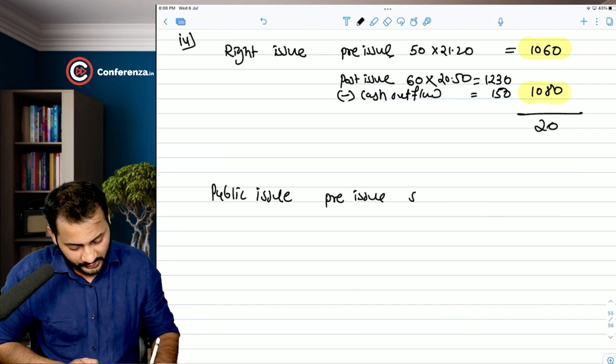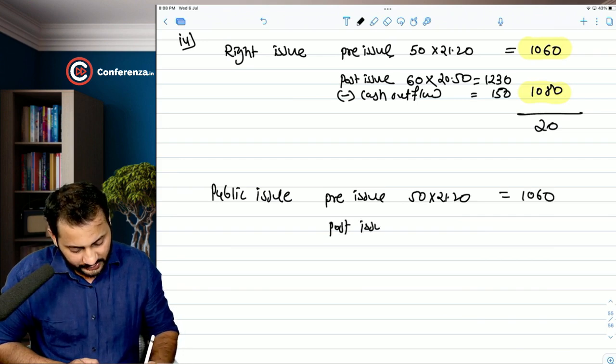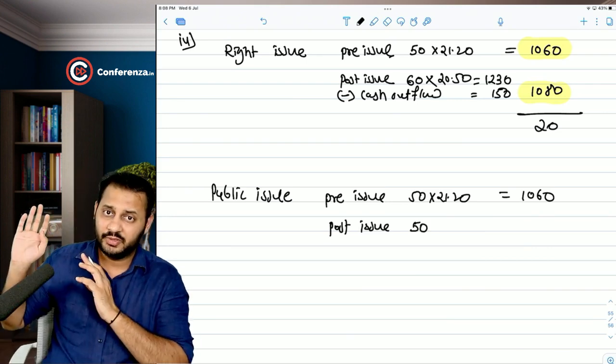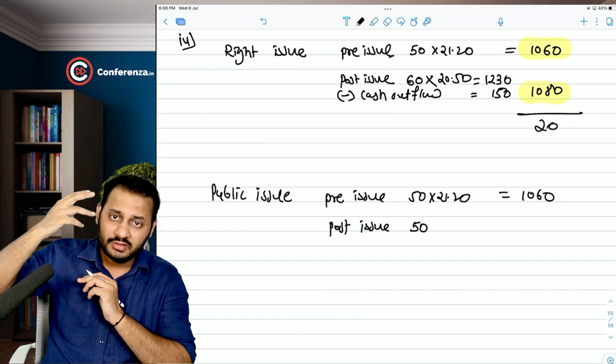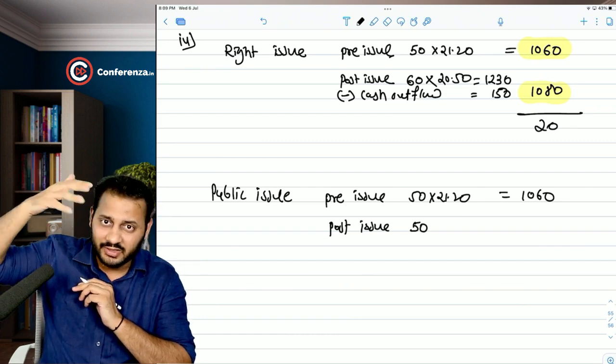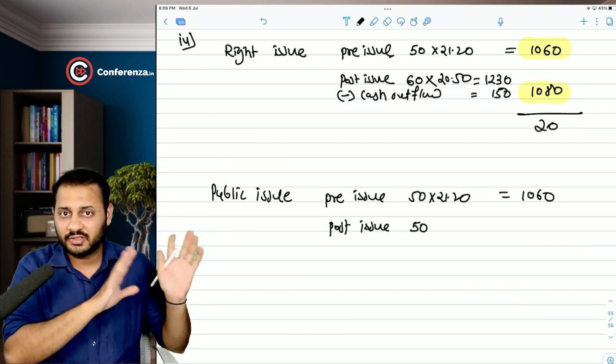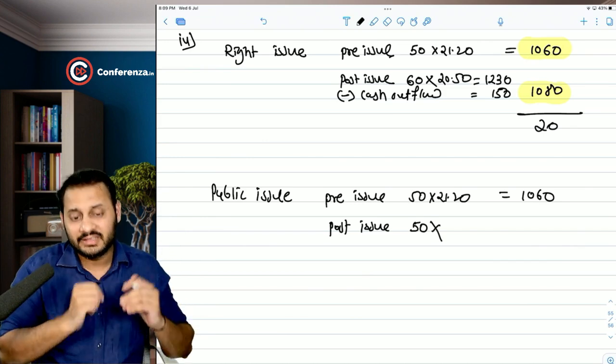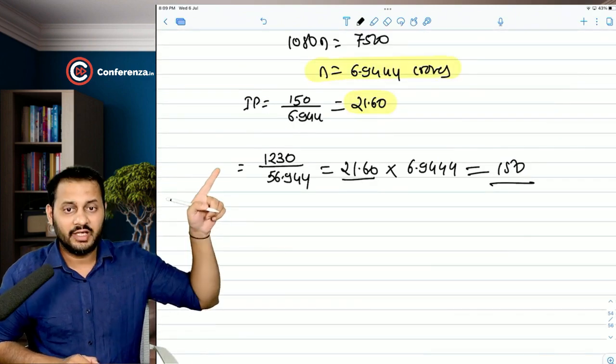Pre-issue, it was 50 into 21.20, 1060. Post issue, the shares are same because rest of the shares, 6.9444, have been subscribed or purchased by someone else. So existing shares are 50 only. After the issue, their market price increased to 21.60.